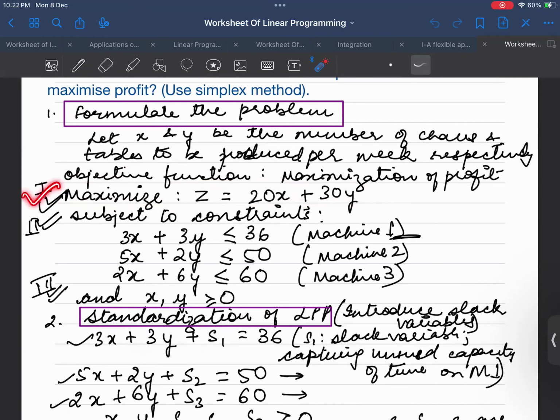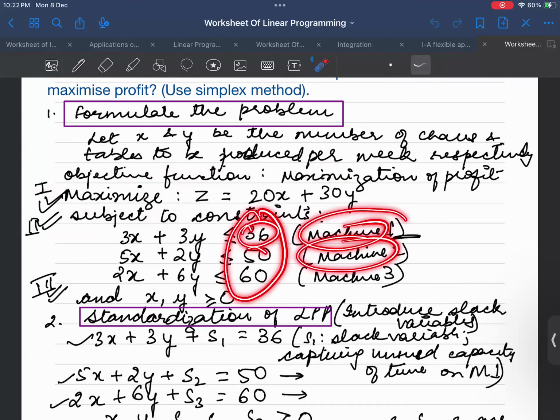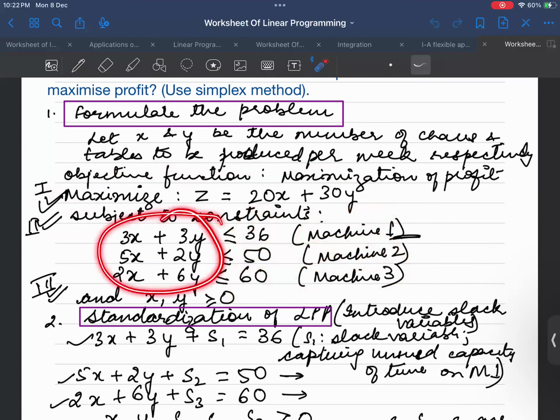Second, subject to constraints: this maximization is subject to the constraints of the three machines. The available time on machine 1 was 36, machine 2 was 50, and machine 3 was 60. Whatever constraints are given in the question, you formulate accordingly, and you get all the constraints as less than or equal to.